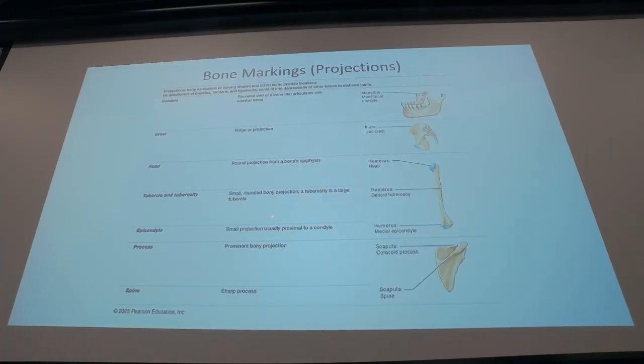Epicondyles are small projections, usually proximal to a condyle. Actually, epicondyle means above a condyle, because remember, the prefix of words, when it's epi, means above. So epi means above.